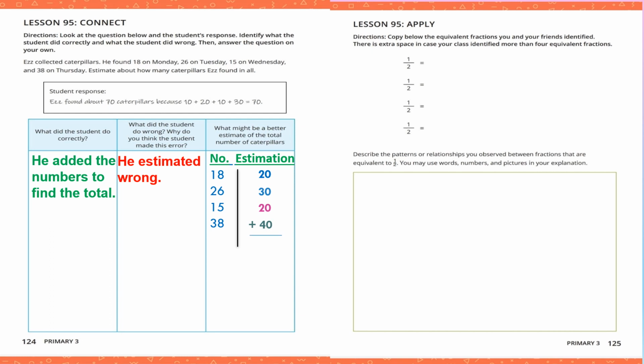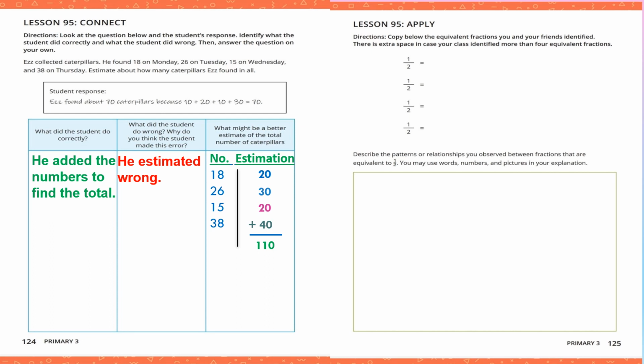Then we will add them to find the total. 20 plus 30 plus 20 plus 40 equals 110. So we have here 110 caterpillars.